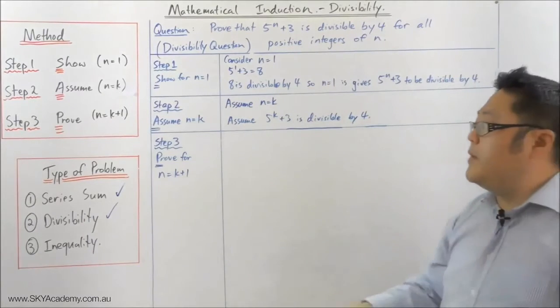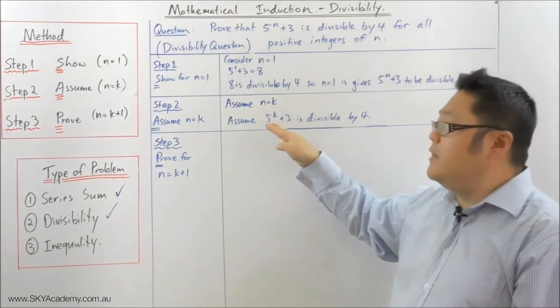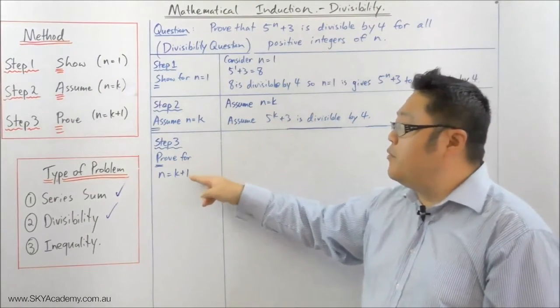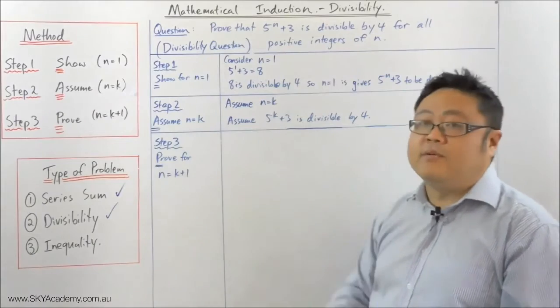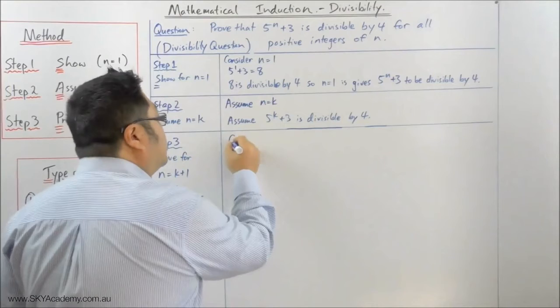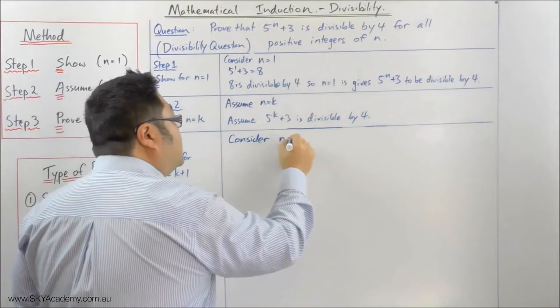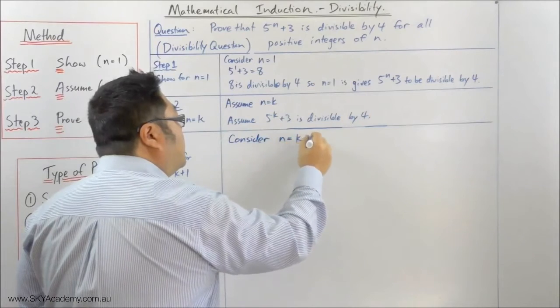Now, the third step is using the assumption that we've created to try and prove that it's true for n is equal to k plus 1. Let me come around this side. We're going to consider n is equal to k plus 1.